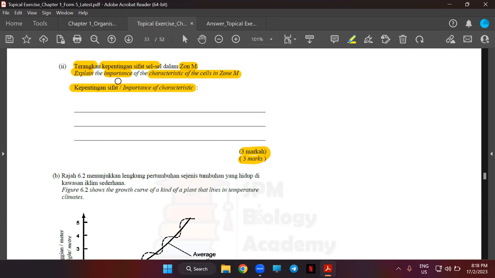So, we answer the importance first. Lepas kita jawab importance, then we explain what we wrote, apa yang kita tulis. So, yang pertama kita nak tulis apakah kepentingan sifat sel-sel yang berada di zone M. Importance of the characteristic of the cells in zone M. Okay?